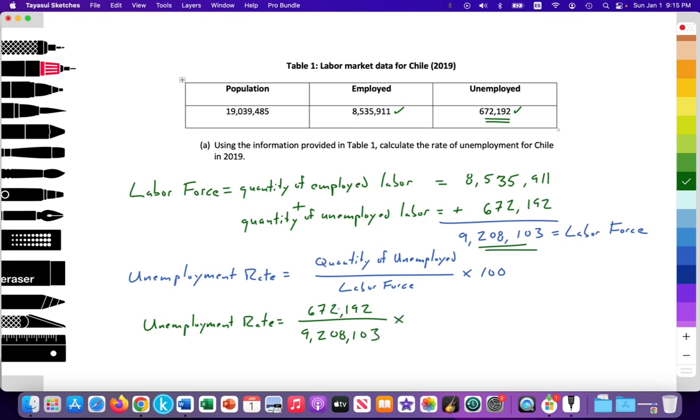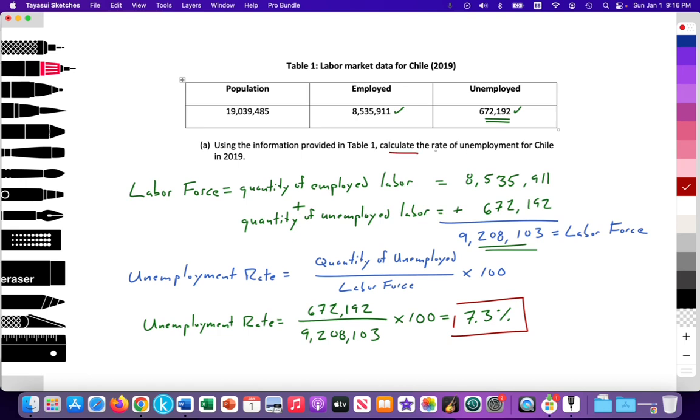And then we're going to multiply that value by 100 so we get it as a percentage. And if you do that, 672,192 divided by 9,208,103 and multiply by 100, that's going to give you 7.3. So the unemployment rate in 2019 for Chile is 7.3%. And then you've calculated this and done this question.